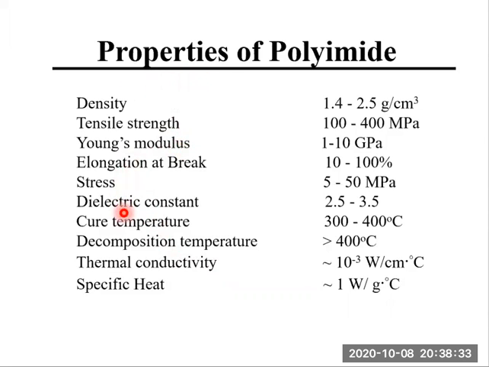We can see that polyimide has good mechanical and thermal properties. Its Young's modulus is between 1 to 10 gigapascal, elongation at break 10 to 100%. Decomposition temperature is greater than 400 degrees Celsius, so it has fairly good thermal stability.